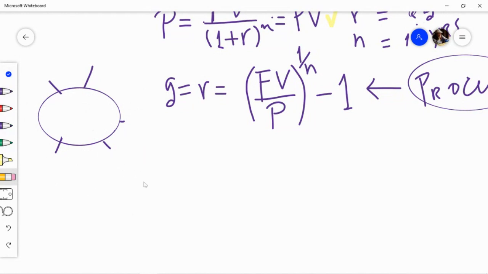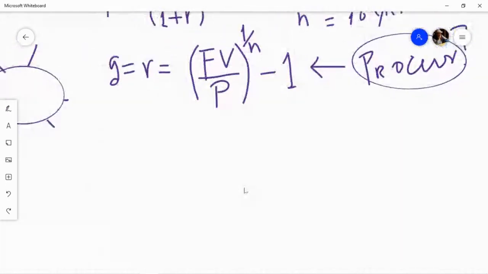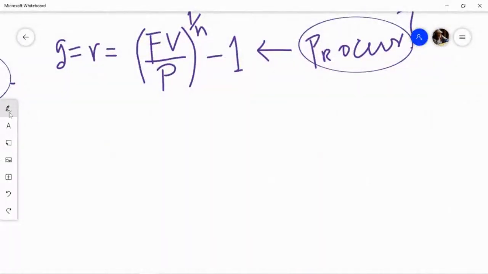Let's think about the process, in other words, the steps of derivation. First of all, how do we arrive at that? Basically, we have to start from an initial equation.